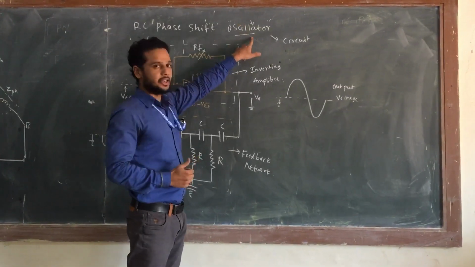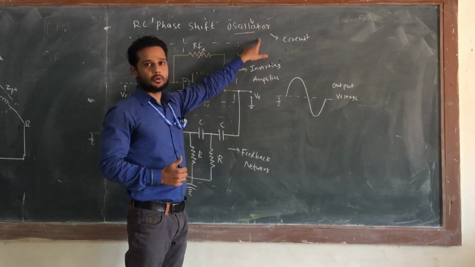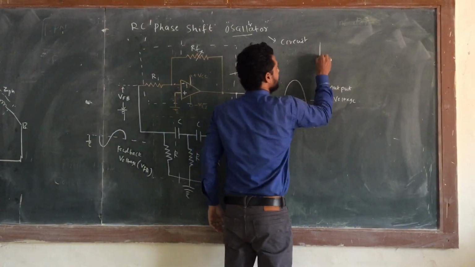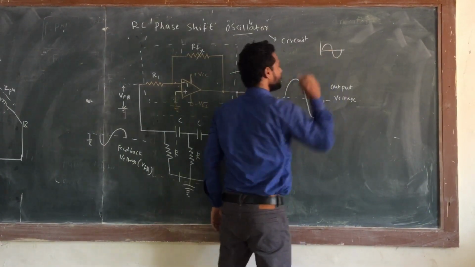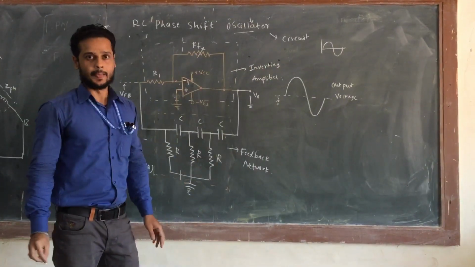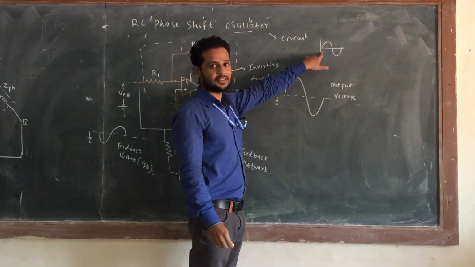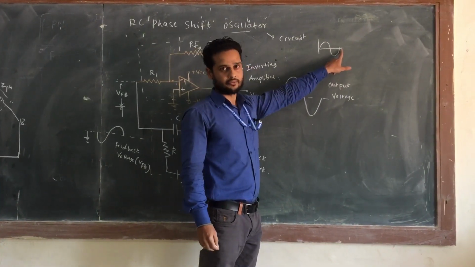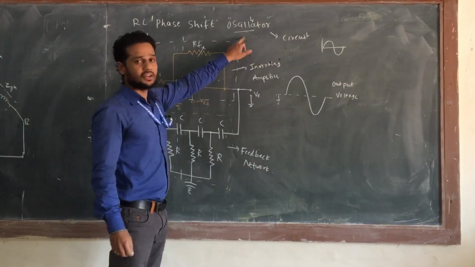Without applying any input, the oscillator is capable of producing an output of one particular frequency, and the nature of the output will always be sinusoidal. That is your oscillator.